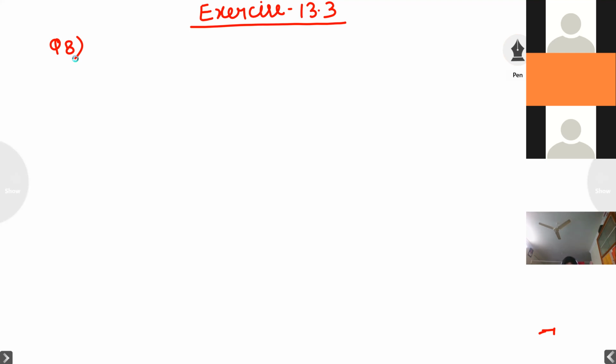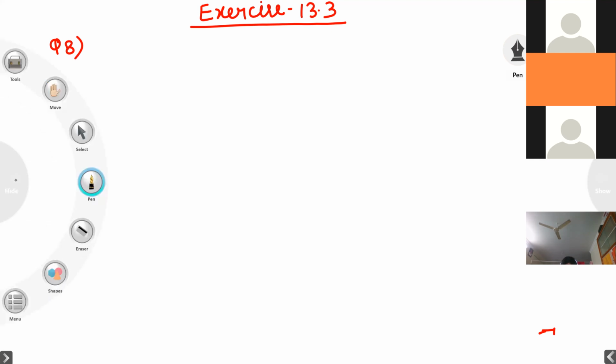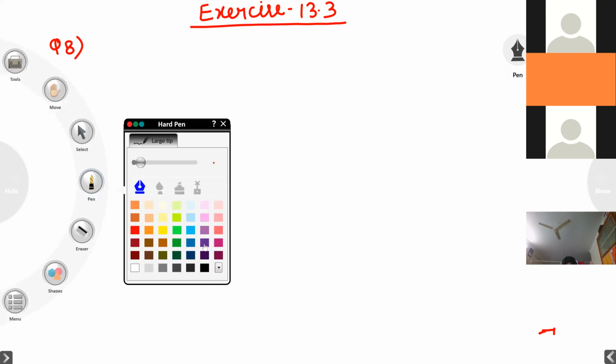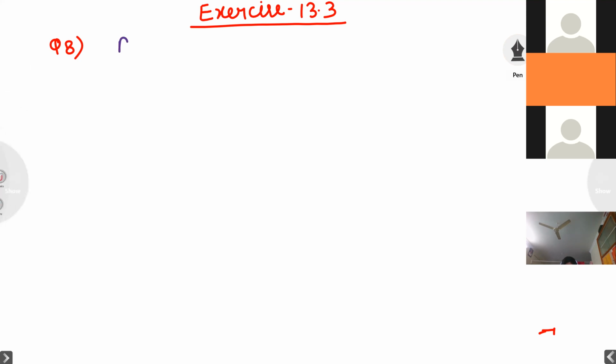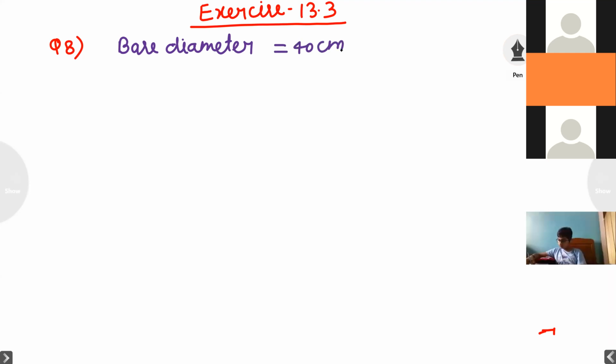Firstly, in this question, you are observing he has given base diameter. Note down, base diameter is equal to 40 centimeter. But we don't know any formula regarding this diameter. Firstly, I want to find out base radius. Base radius is equal to diameter by 2.